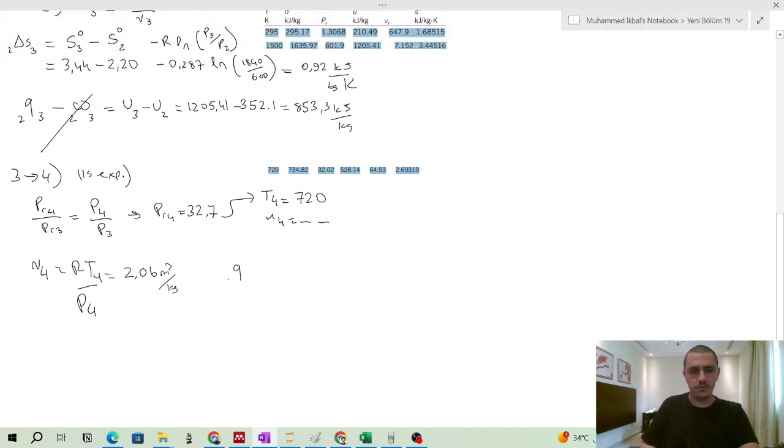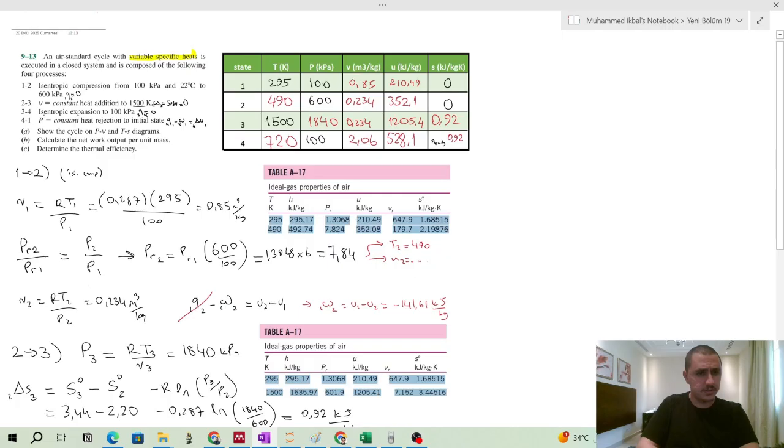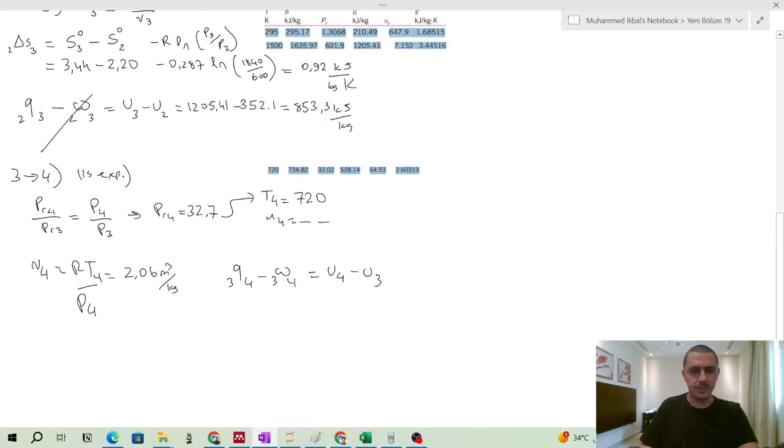So Q from 3 to 4 minus work 3 to 4 is equal to U4 minus U3. Just remember again, isentropic expansion means isentropic is adiabatic and reversible, and adiabatic means no heat transfer. So when you see isentropic, just cross out the Q value. So you can calculate the work here.